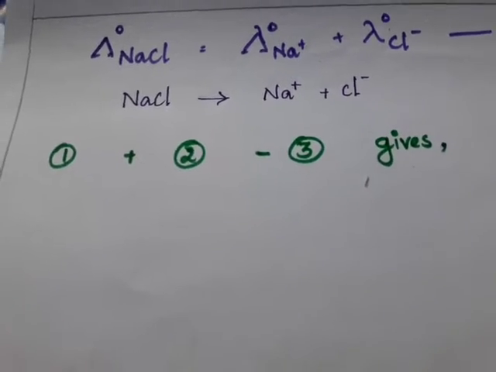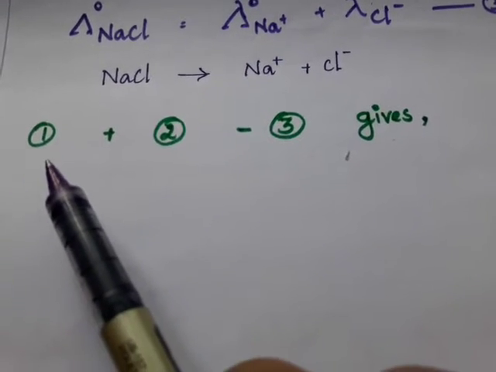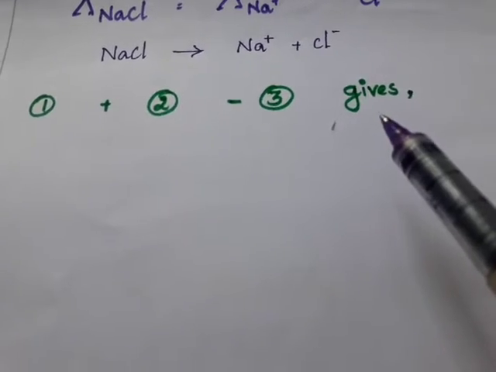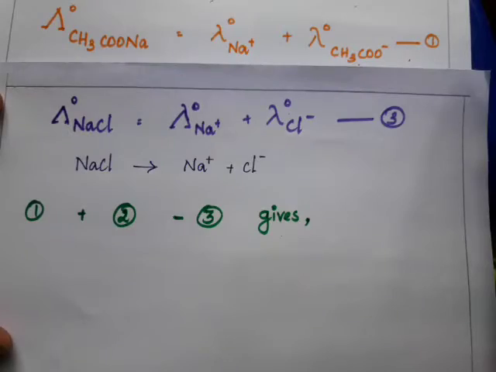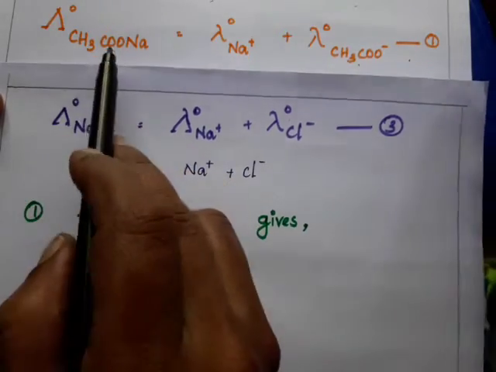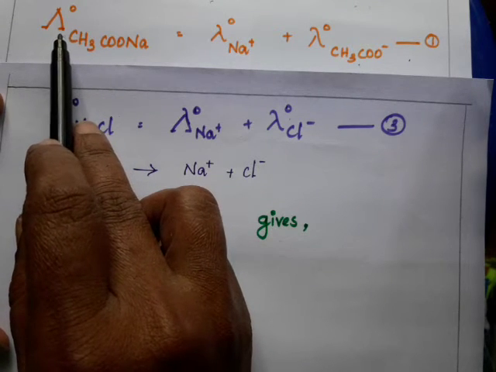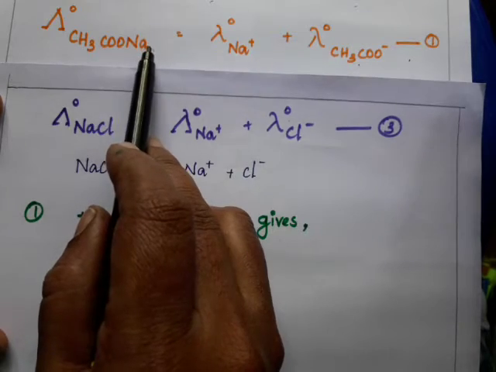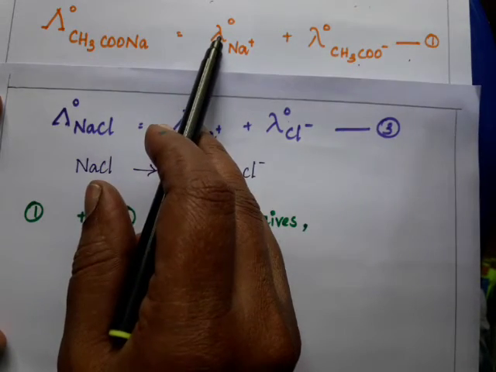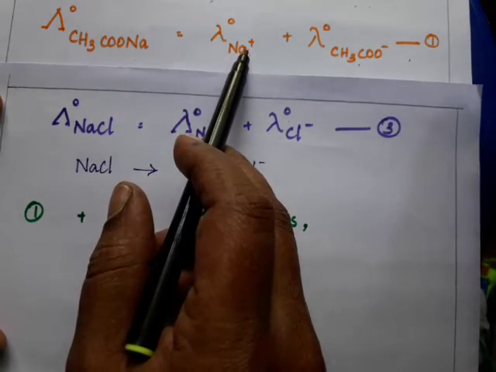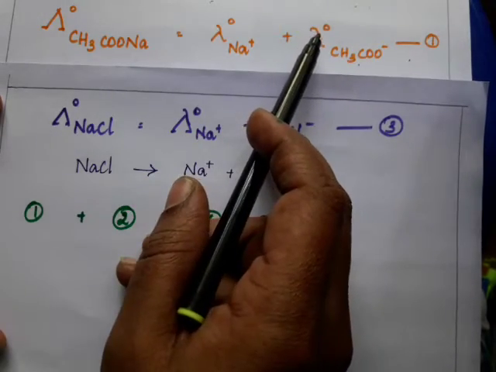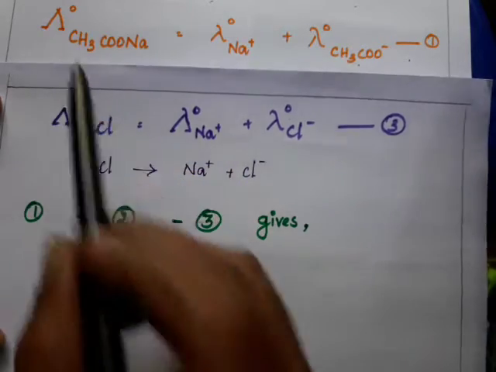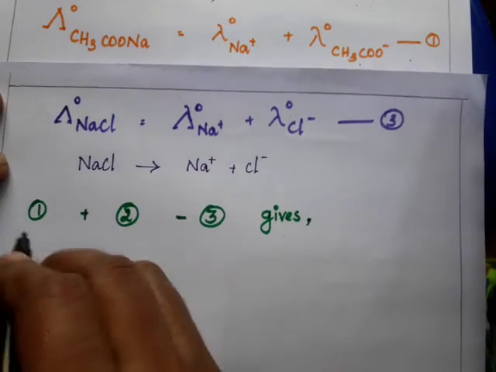Now what we are going to do is equation 1 plus equation 2 minus equation 3. So what does it give? As you know, equation 1: the limiting molar conductance of CH3COONa gives the limiting molar conductance of Na plus and the limiting molar conductance of CH3COO minus. Let me write the left hand side first. What is equation 1?